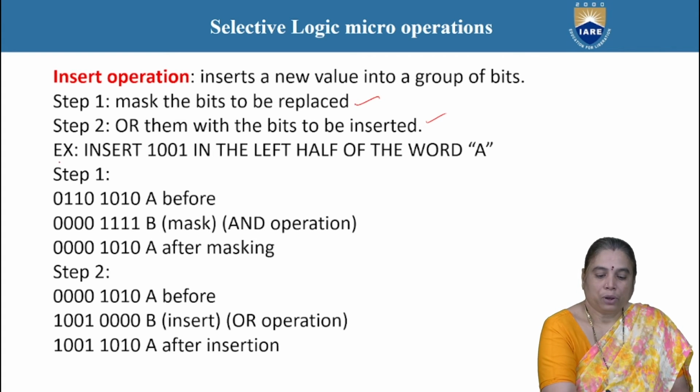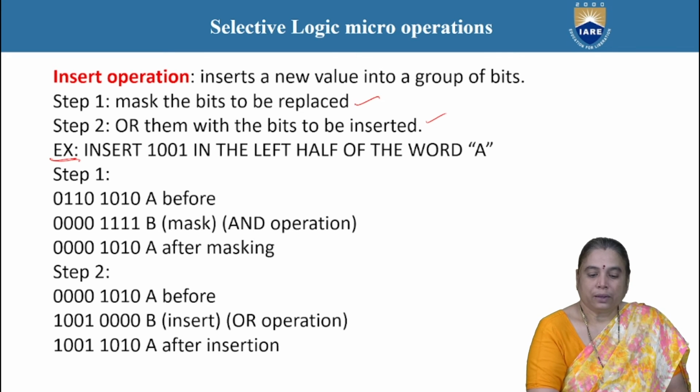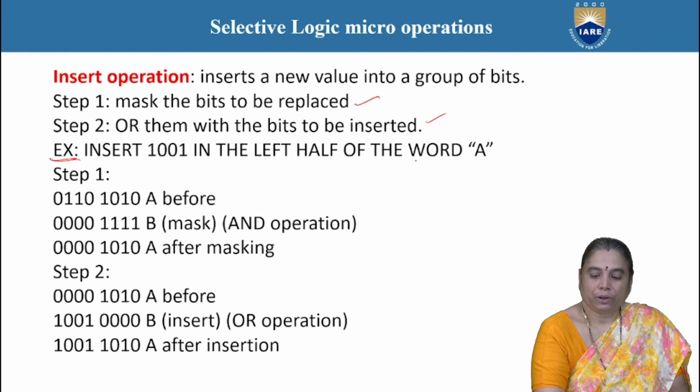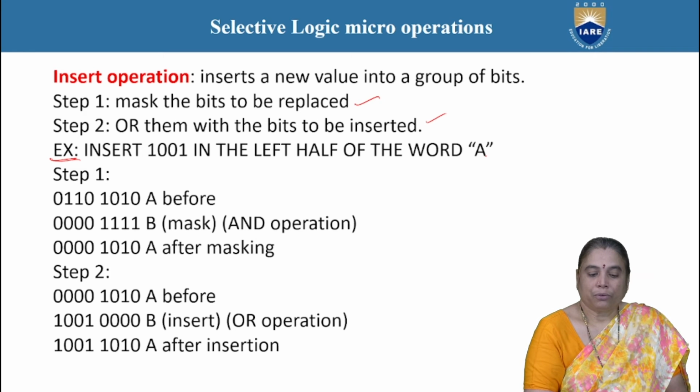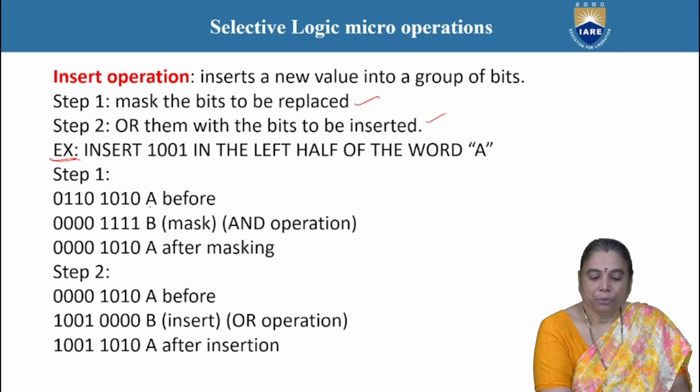Consider an example: insert 1001 in the left half of the word A. In step 1, the A value considered here is 01101010 and the B value is 00001111.